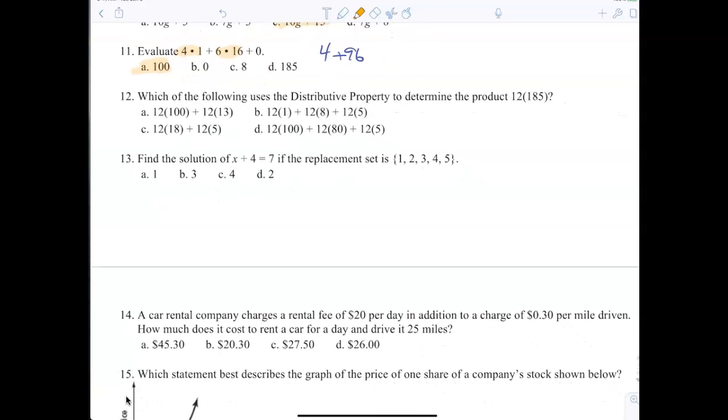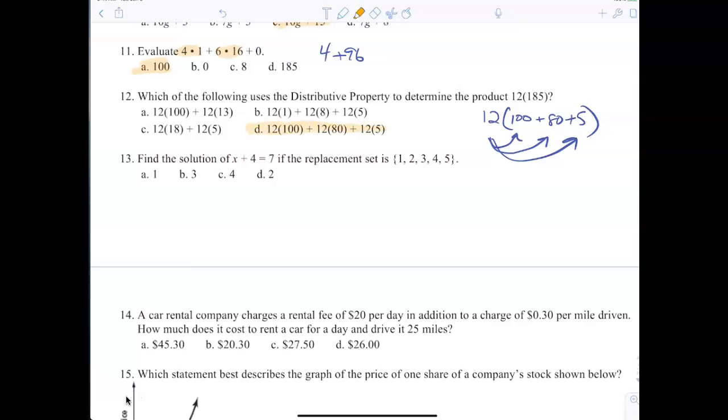What they're wanting you to realize is that you could separate that as 12 times parentheses 100 plus 80 plus 5, and then distribute: 12 times 100, 12 times 80, and 12 times 5. That's how, believe it or not, people multiply quickly in their head. They're using the distributive property. So again, that answer would have to be what? D.